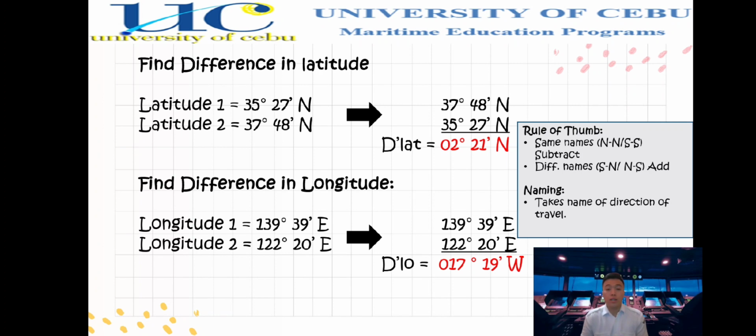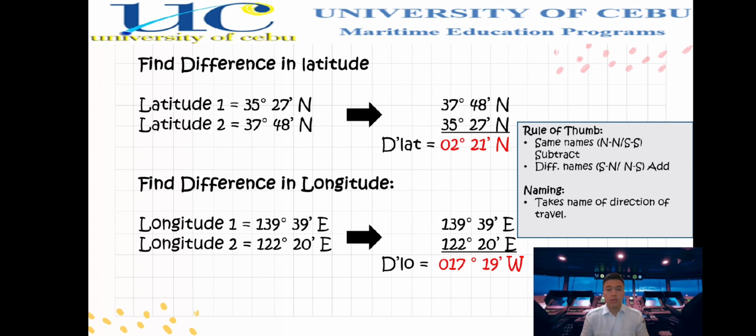So 139 degrees 39 minutes east minus 122 degrees 20 minutes east gives us 17 degrees 19 minutes west. It is west because the direction is going west, because longitude 2 is smaller than longitude 1. So our DLO is 17 degrees 19 minutes west.